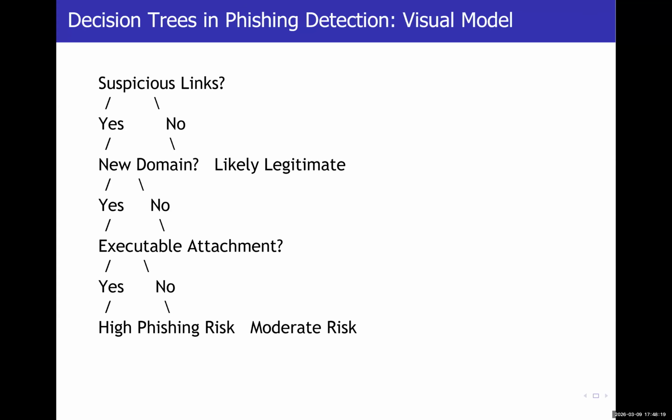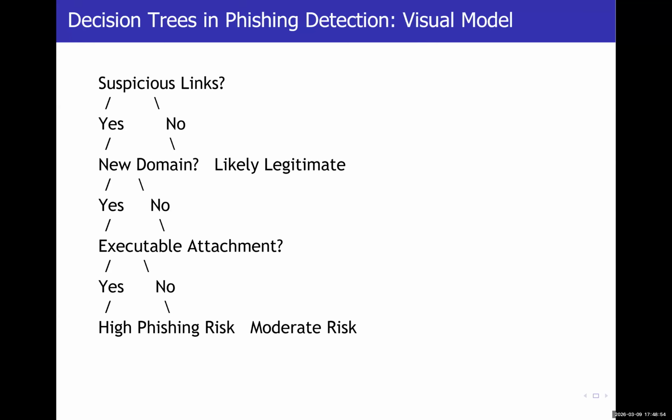And then the next slide shows a visual model of the same decision tree. The diagram on this slide illustrates how the phishing detection rules we just discussed can be represented as a decision tree structure. Instead of writing the logic as a long list of rules, the model organizes the decision process into a sequence of branching questions. The system begins at the top of the tree and evaluates one feature at a time. For example, it might first check whether the email contains suspicious links.